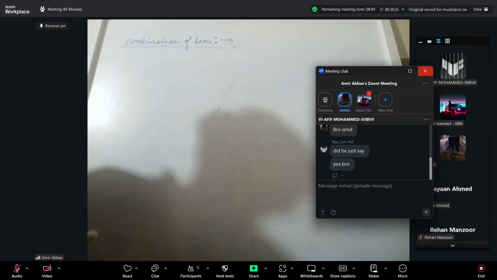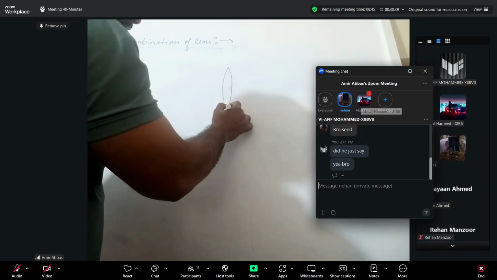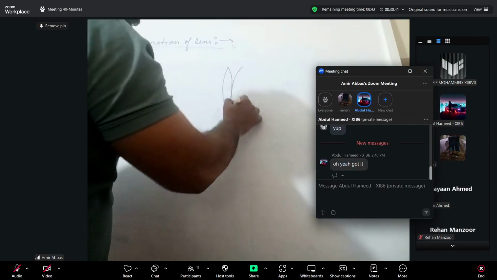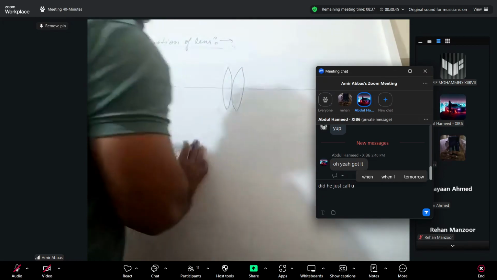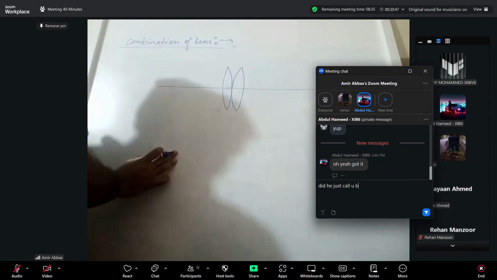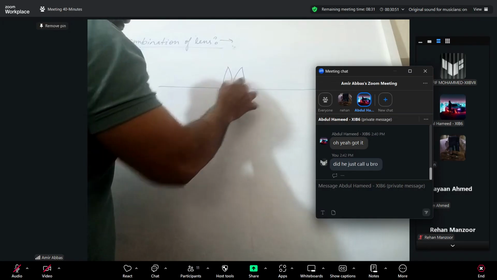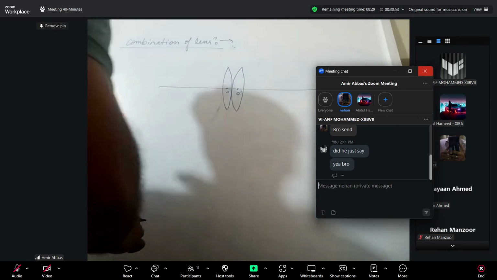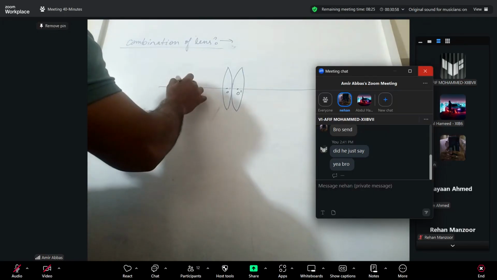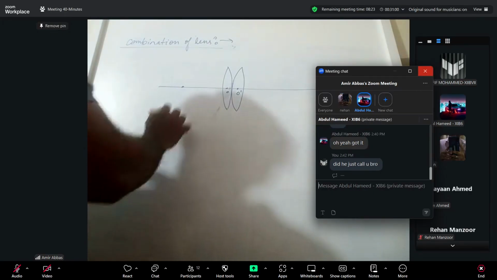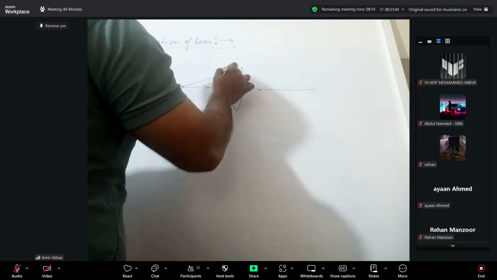Combination of lenses. If two lenses are combined in such a way that their surfaces are put together in this way, what will be their combined effect? These are their optical centers. If there is an object at this point, the light ray passing straight moves like this.